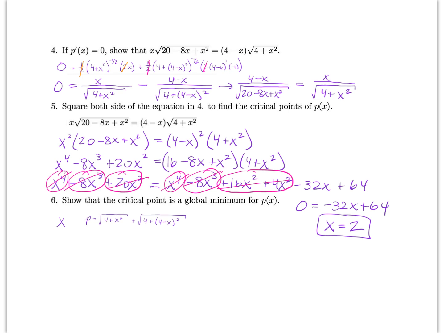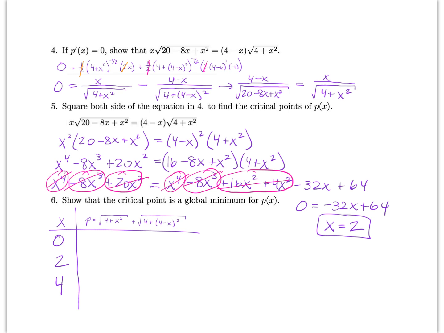It represented the length of the pipeline, the full length of the pipeline. So I'm going to make an XY chart, and I'm going to put in my critical value of 2, my critical point of 2, and also the endpoints of my domain, which were 0 and 4. And I want to calculate the length of pipe I need to lay to connect these two towns to the river for each of these x values.